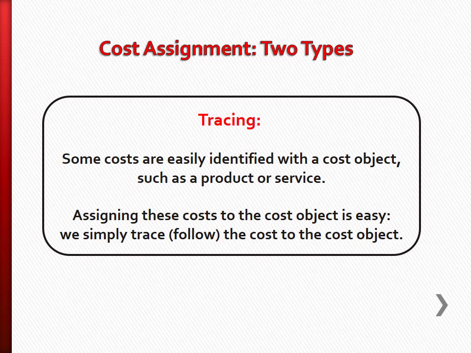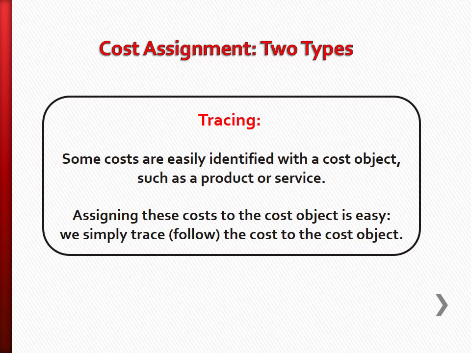The first one is tracing. Some costs are easily identified with a cost object. The cost object may be a product we're producing, a service we're providing. It may be something like a customer or a vendor. But costs are easily identified with the cost object, such as a product or service.